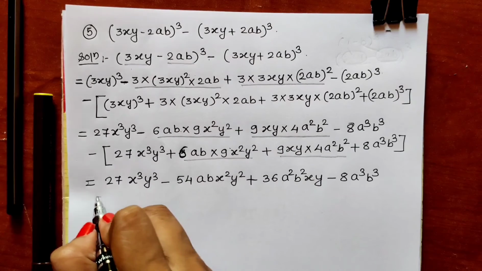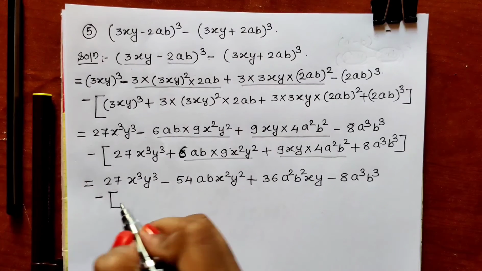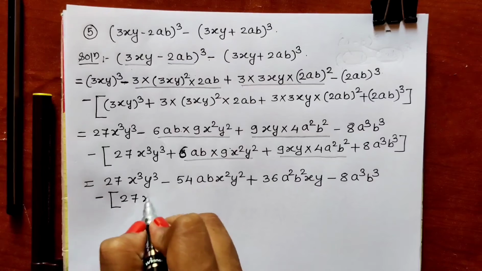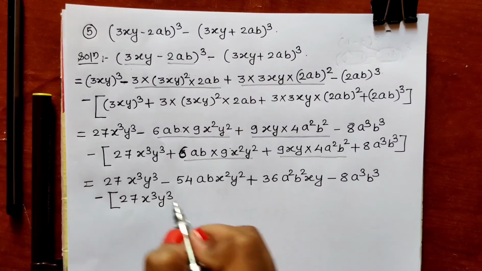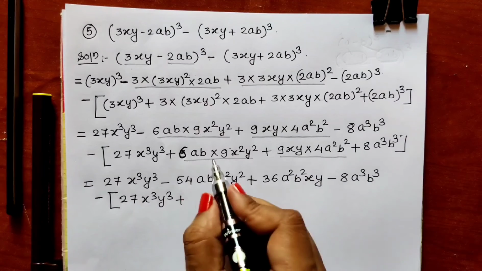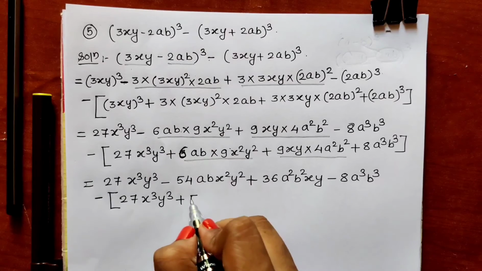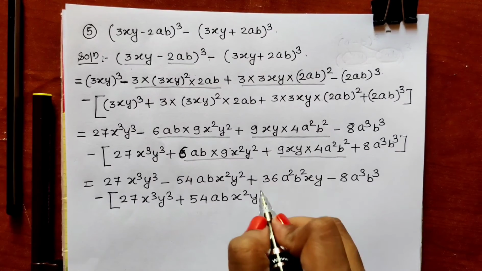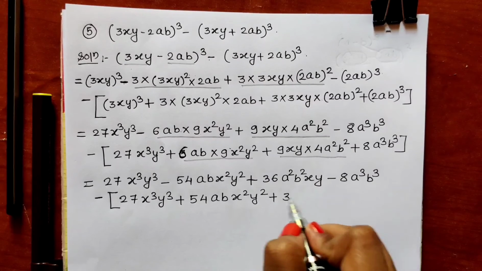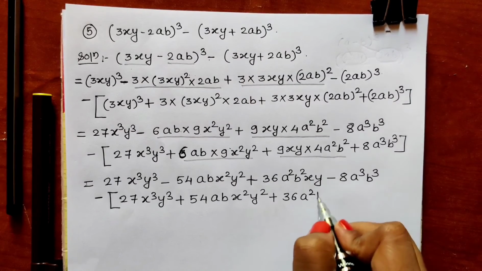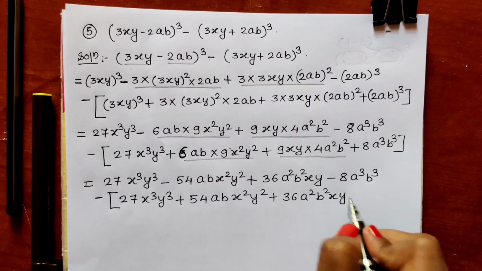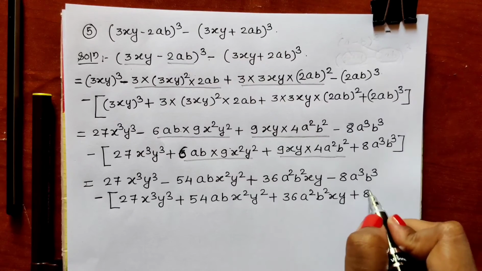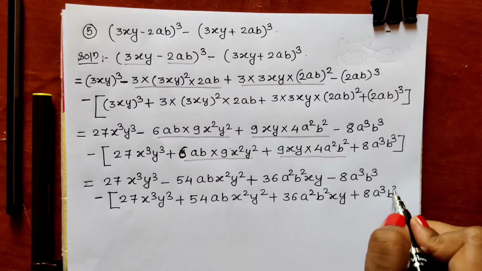Now what I am going to do, minus sign, put inside the bracket 27 x cube y cube plus, again answer we will be getting same, 54 a b x square y square plus 36 a square b square x y plus 8a cube b cube.